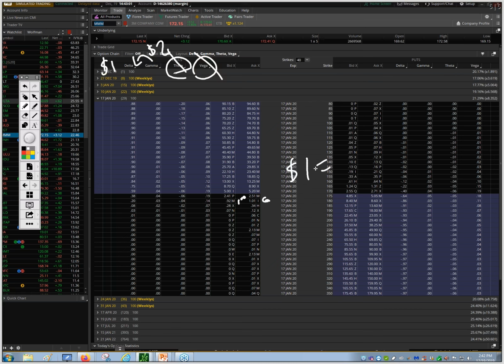Our second dollar move higher, now that premium is going to be worth $1.20, all right? On the second dollar move, I said gamma goes with delta. So this 3 cents adds into that. So the second dollar move, it's going to increase by 23 cents. So it's going to go from $1.20 to now $1.43.